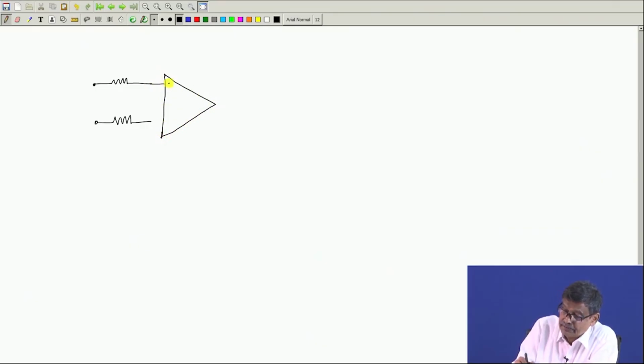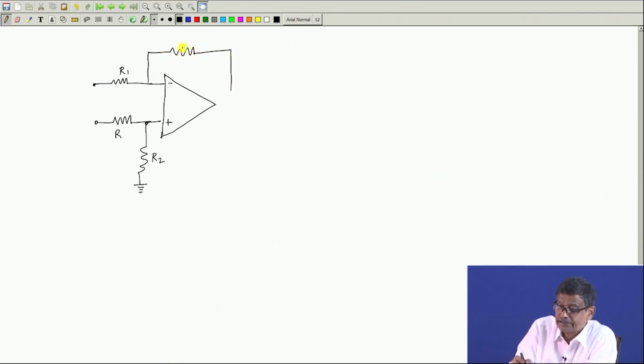So here it is inverting, here it is non-inverting, and the values of the resistances are, suppose this is R 1, this is R 1, and here is a point R 2, and this is grounded, okay. And here is a negative feedback. Negative feedback is necessary through a passive element, either R, L or C. There should not be any source here. Okay. So this is output voltage V naught, ideal op amp.